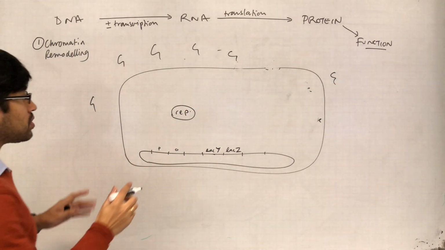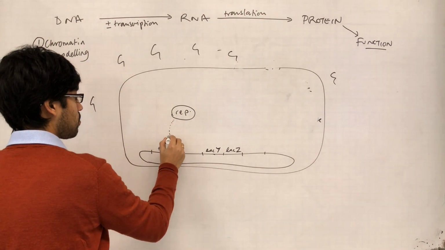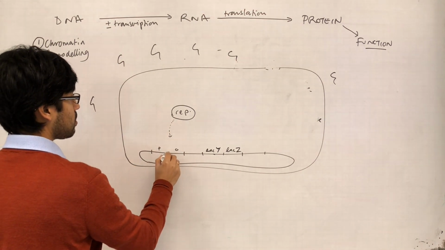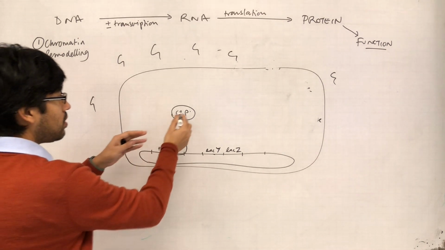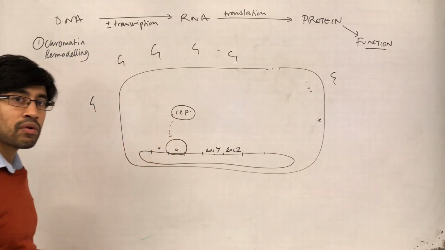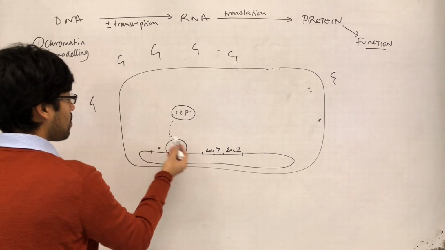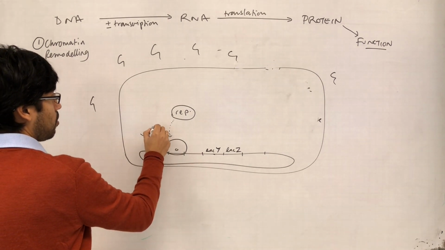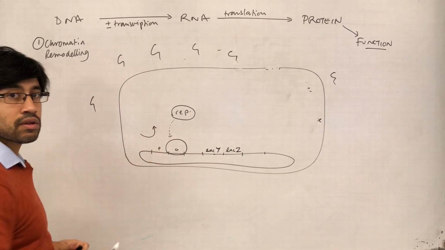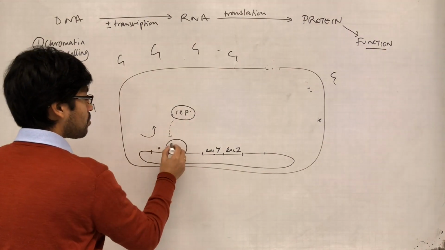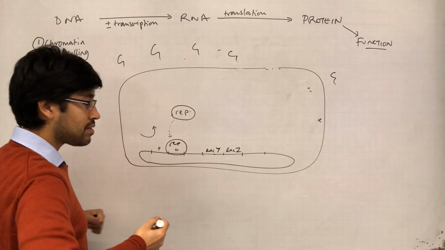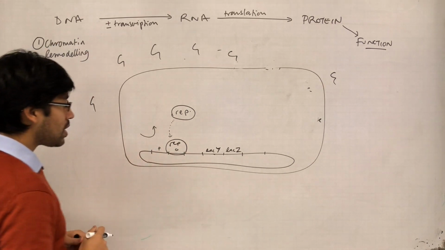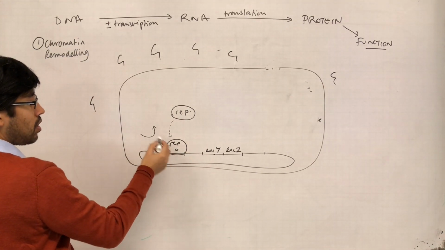The repressor protein binds to this operator region right here. And when the repressor is binding the operator, RNA polymerase cannot bind to the promoter.